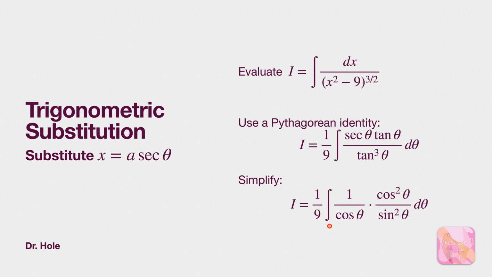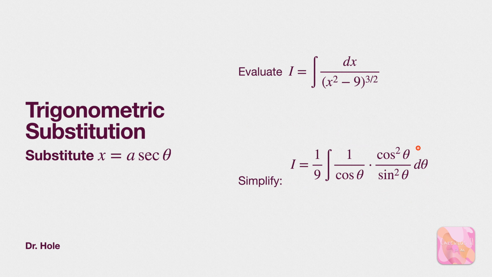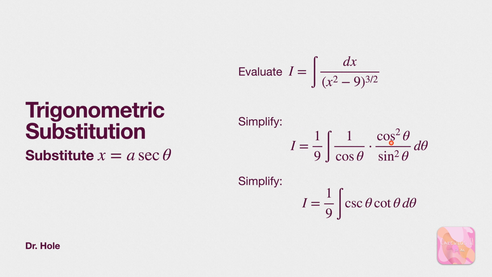And do a little more algebra again. Cancel out cosines. And then break up sines. If we have 1 cosine over sine, we can call that cotangent. And if we have 1 over sine, we can call that cosecant.